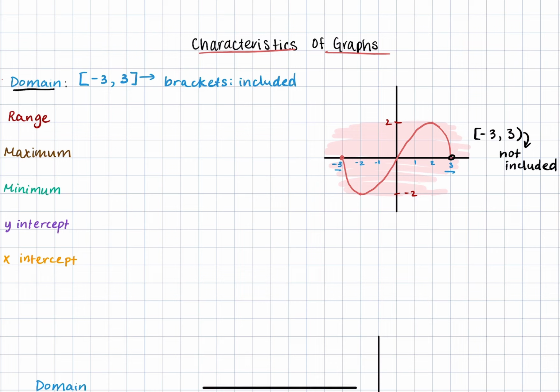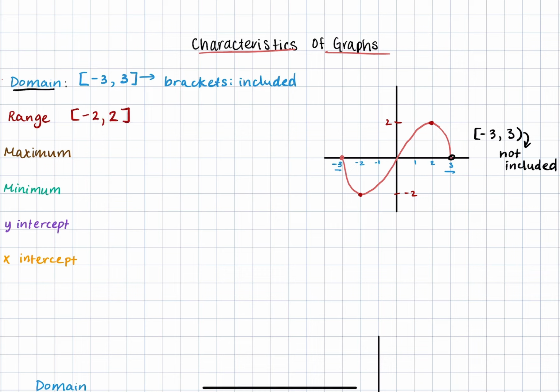They're closed points, so these are actual points and they're included. We don't see a gap in our graph, and we don't see an open circle anywhere. So we're going to say from -2 to 2.